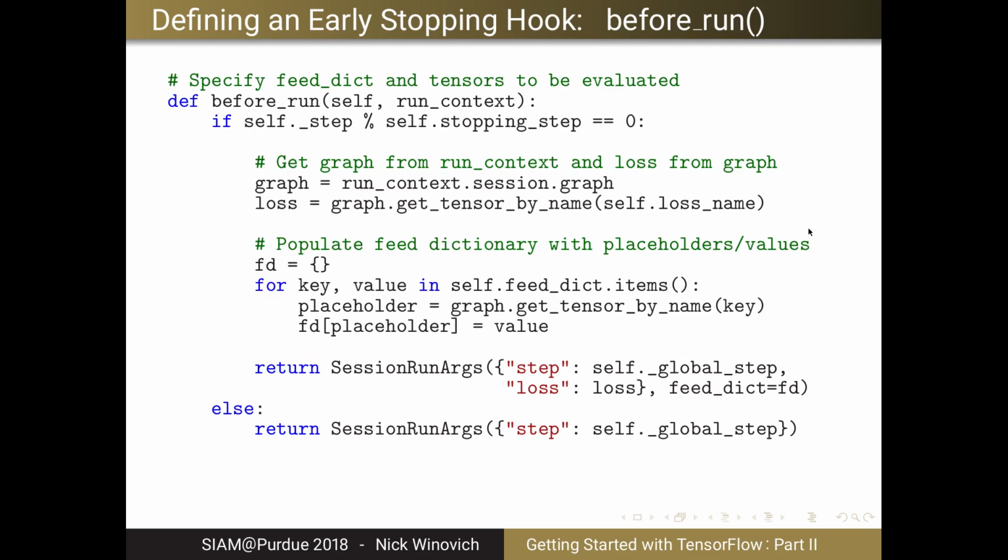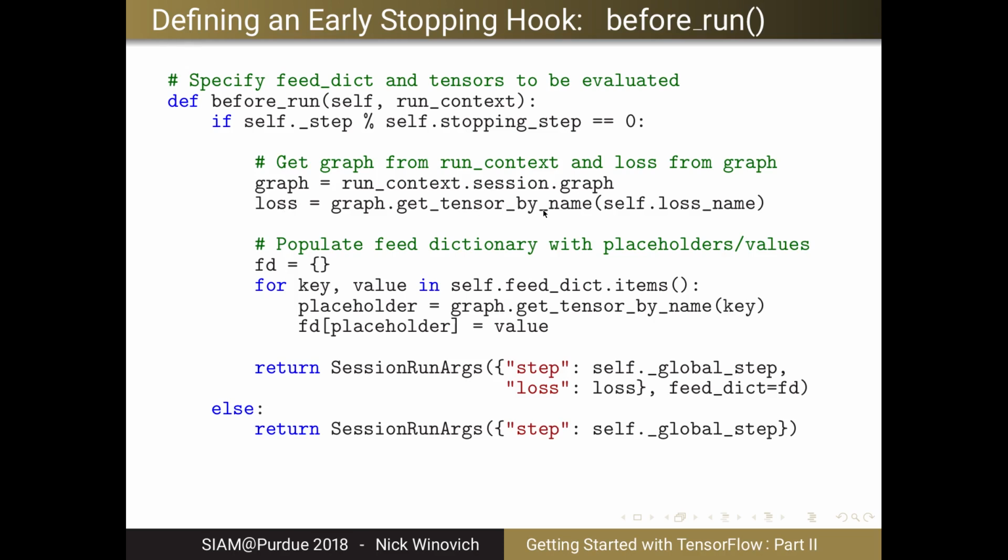So we want to initialize. We want to tell it, what are we going to do during this run call? I want to add on a few operations. And what I basically tell it to do is, if we're at a stopping step, maybe every 1,000 steps, for instance, I want to get the graph again, and then get the loss tensor, because that's what I'm working with. So I'll get that by name. I've already assigned the loss name.